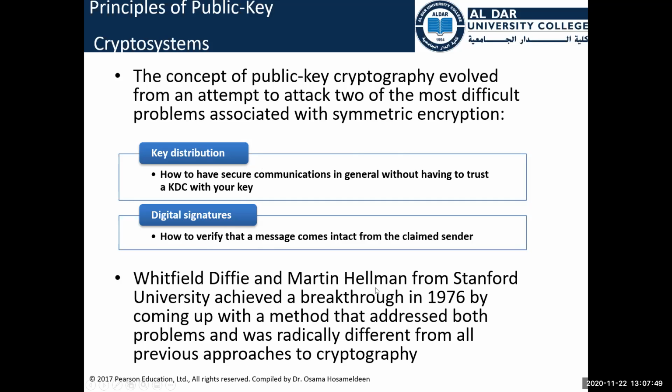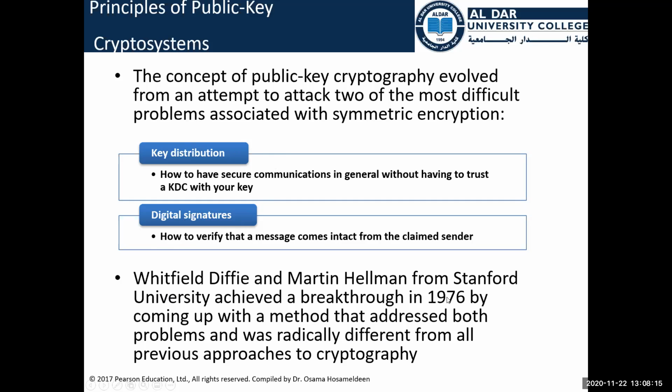Diffie and Hellman, they are two scientists from Stanford University. They really achieved a breakthrough in 1976 by coming up with a method that addressed both problems above, the key distribution and digital signature, and was radically different from all previous approaches to cryptography.